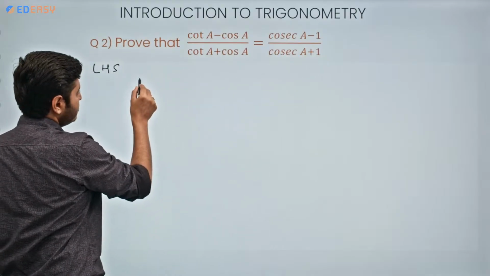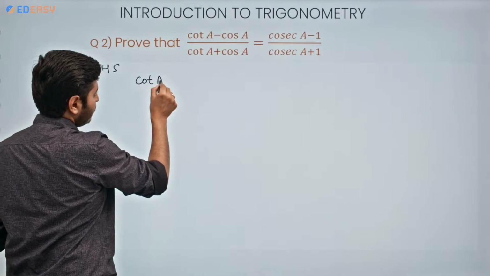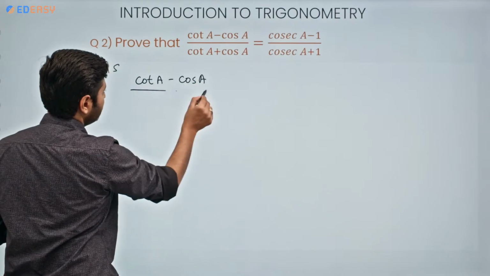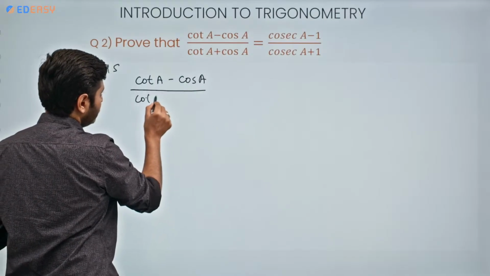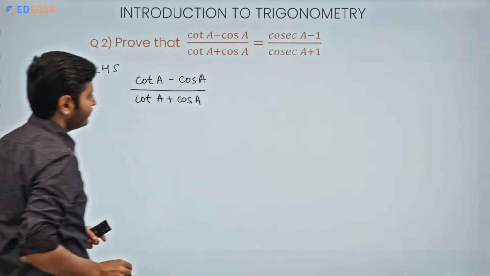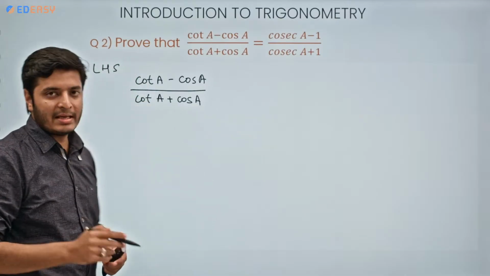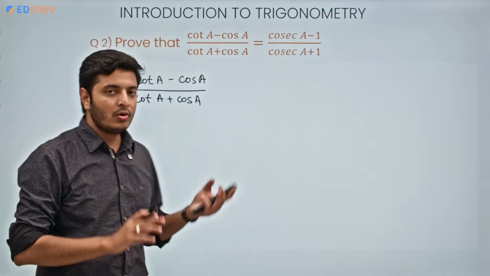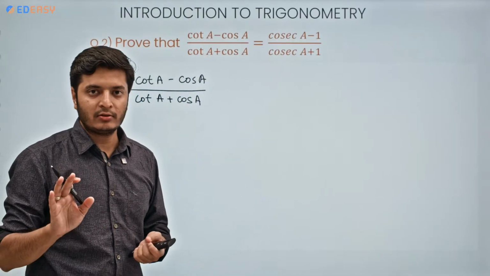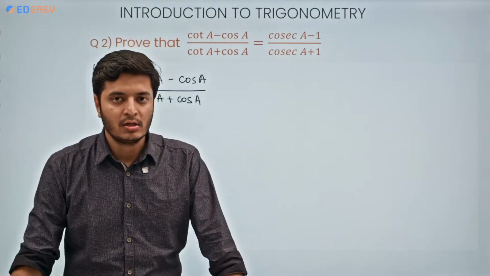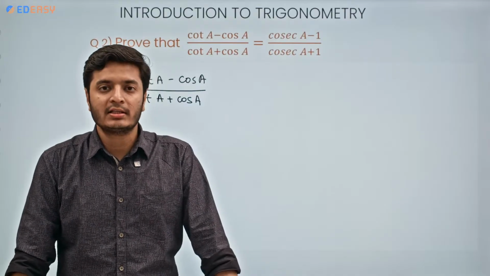So LHS is cot A minus cos A divided by cot A plus cos A. Now, the same approach we are going to apply here, that we are going to convert every other non-sine cos value to sine cos value. What is cot A in terms of sine and cos? Cos by sine, because cot A is the reciprocal of tan.